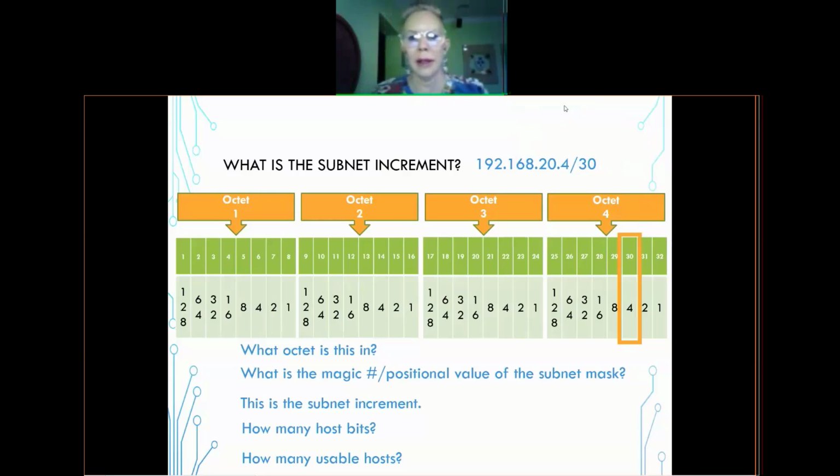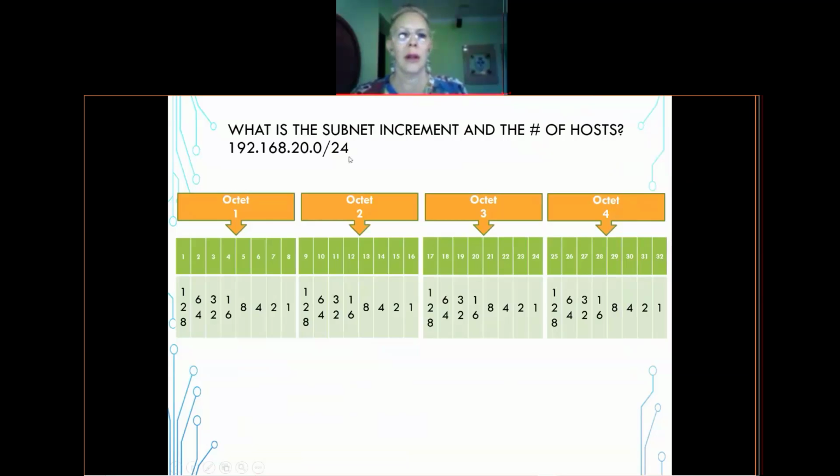All right, let's do another one. 192.168.20.24. So let's figure out the subnet increment. So first of all, what octet is the subnet increment in? So do we all agree it's in the 3rd one?